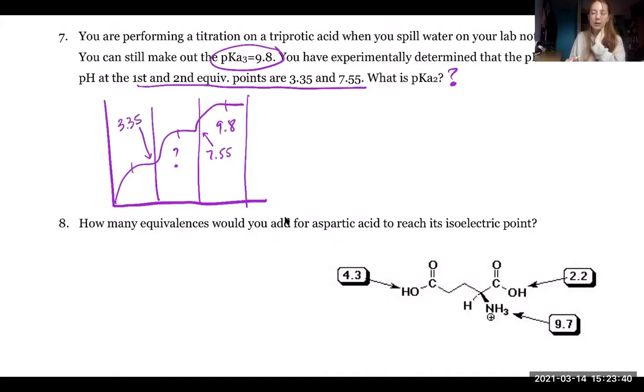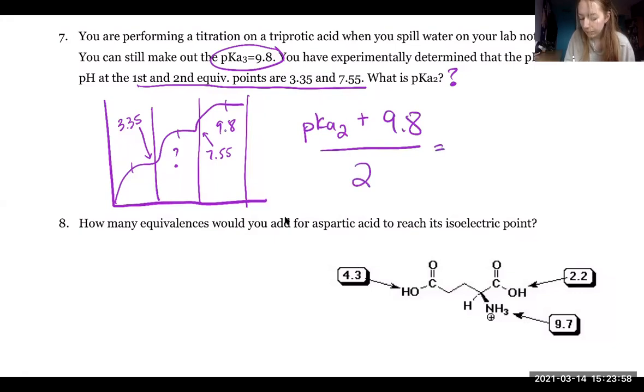Okay, so basically to solve this problem, we're going to be using the average of the pKa's, and we're going to be using pKa2 as a variable we don't know. So I'll have pKa2 plus pKa3, which is 9.8, divided by 2 will equal the second pKa.